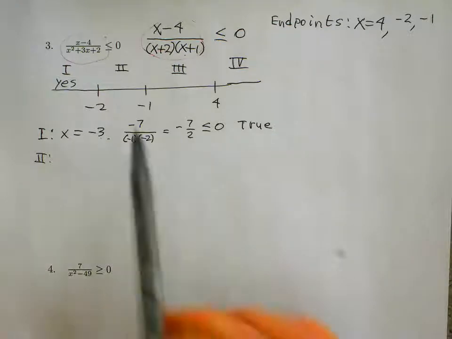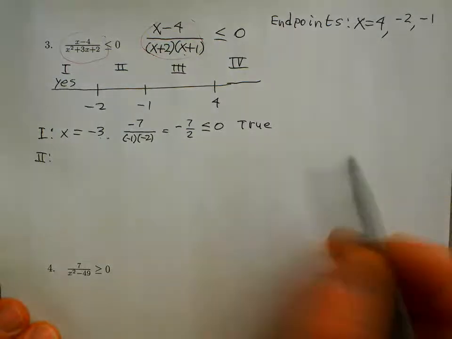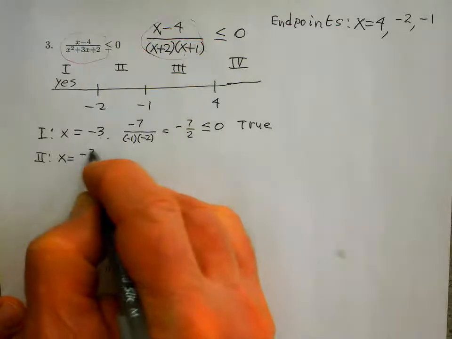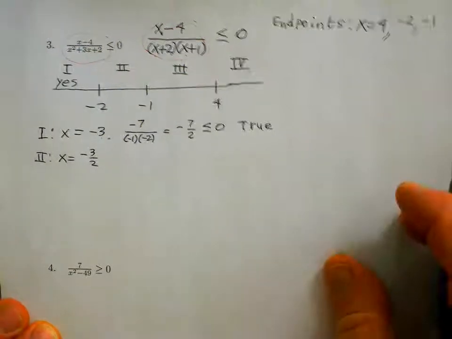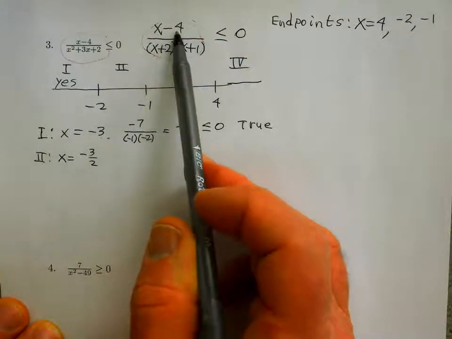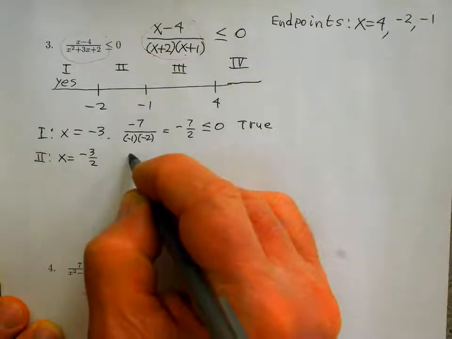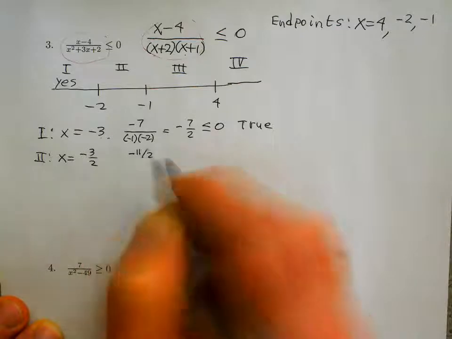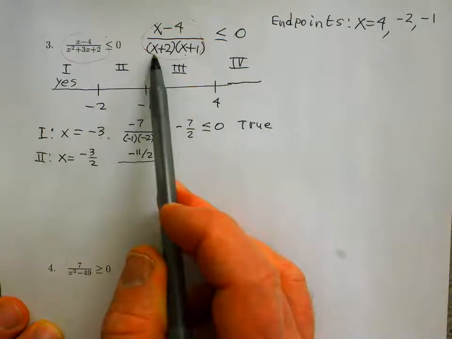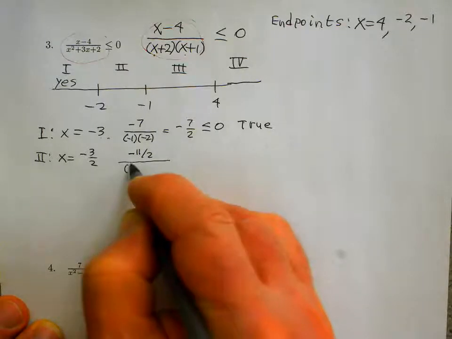well, we'll have to pick a test point that's a fraction. So I'll pick x to be -3/2. And then in the numerator, -3/2 minus 4 is -5.5, or -11/2 in the numerator. In the denominator, one of the factors is x plus 2. -3/2 plus 2 is +1/2.